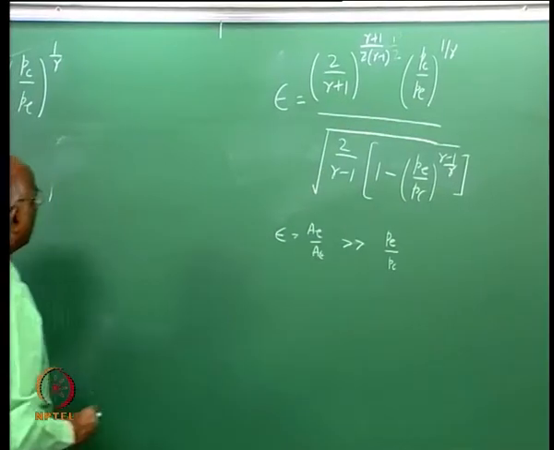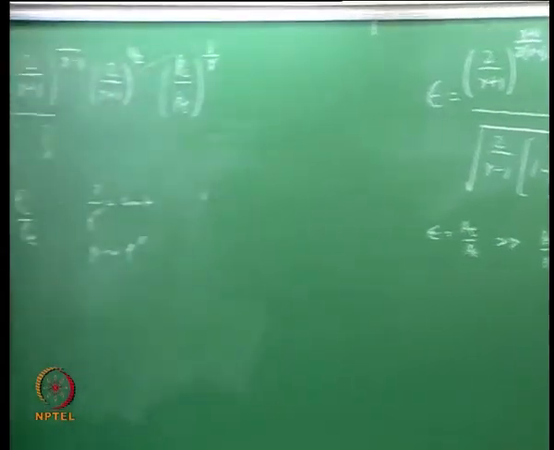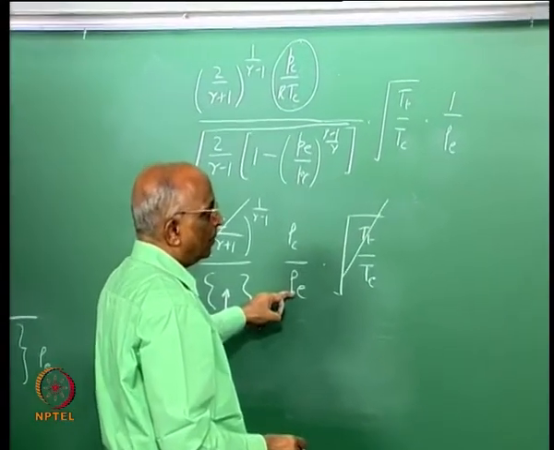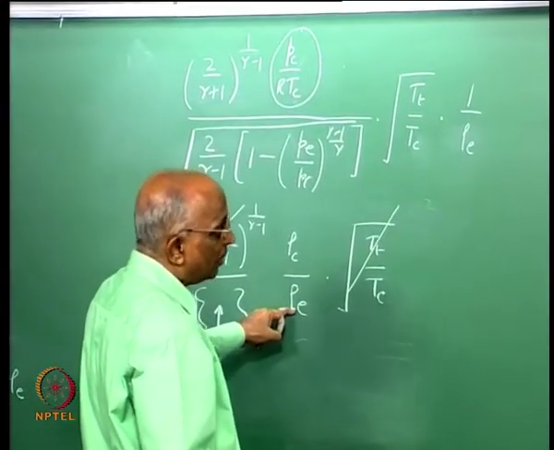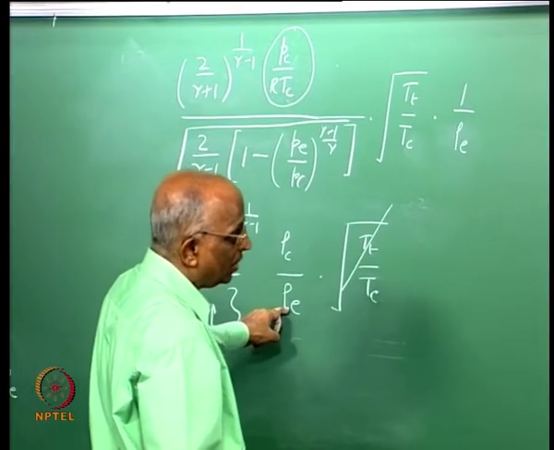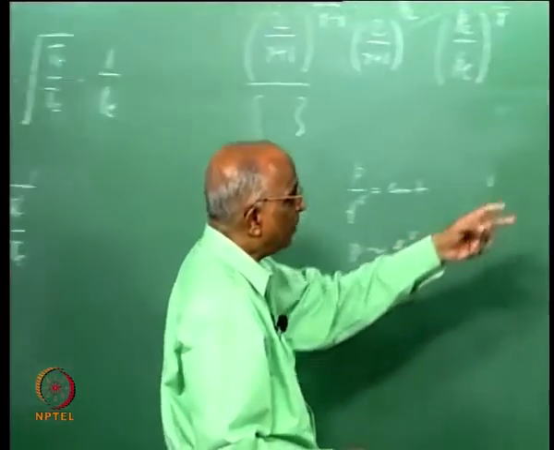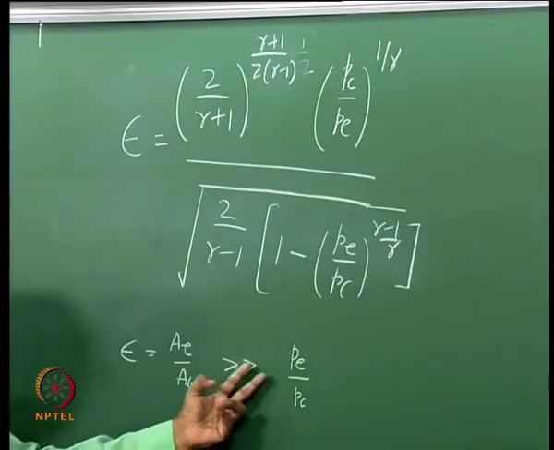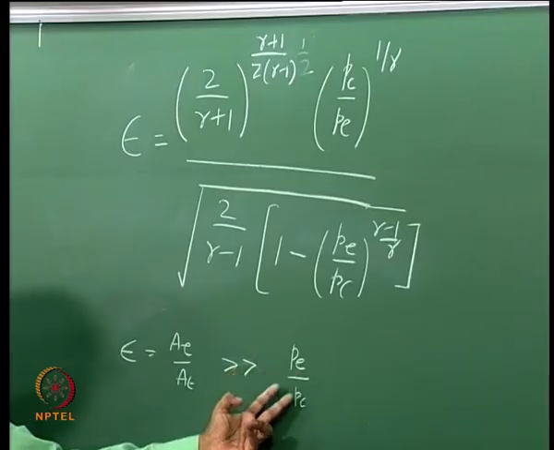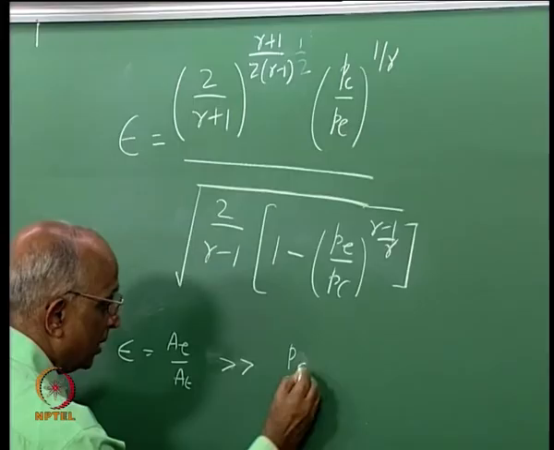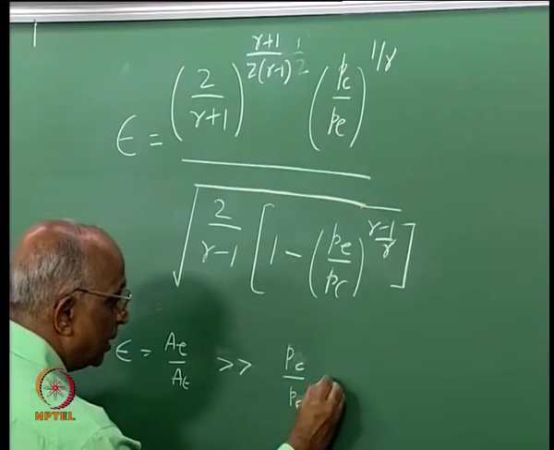I think somewhere some goofing has taken place. Yes, when the chamber pressure is high and the exit pressure is smaller, I have the larger area ratio, and this being much stronger, the area ratio increases as the value of PC by PE increases. I should have put PC by PE.